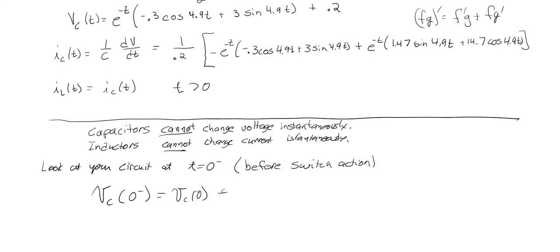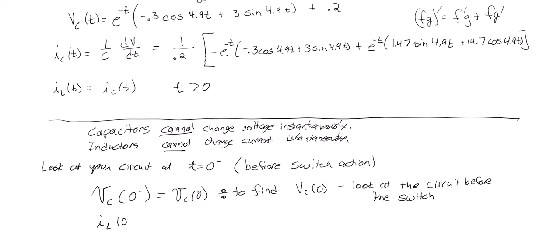Or in other words, to find VC of 0, look at the circuit before the switch. Similarly, IL of 0 minus has to equal IL of 0.